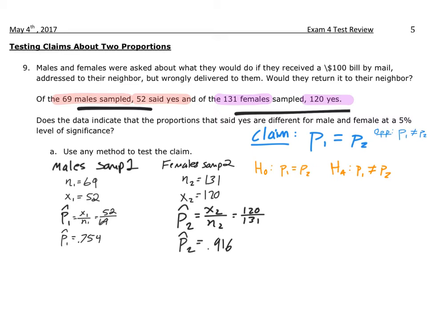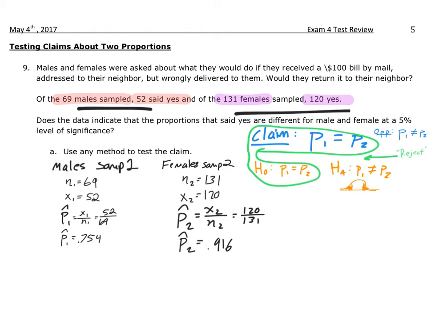An important thing to identify at this step before I go any further: my alternative is a two-tailed test. It tells me that it's not equal to, so I can miss high and miss low. I also can see that the claim is in my null hypothesis. That's nice because then my keyword is going to be reject. Not support like in the previous examples, but reject. I'll use that at the very end.